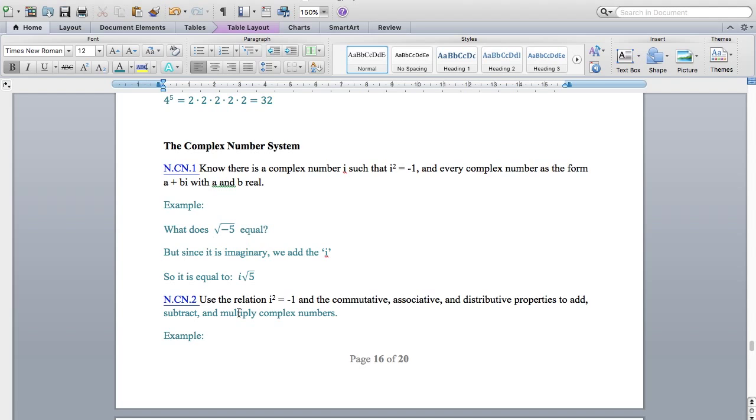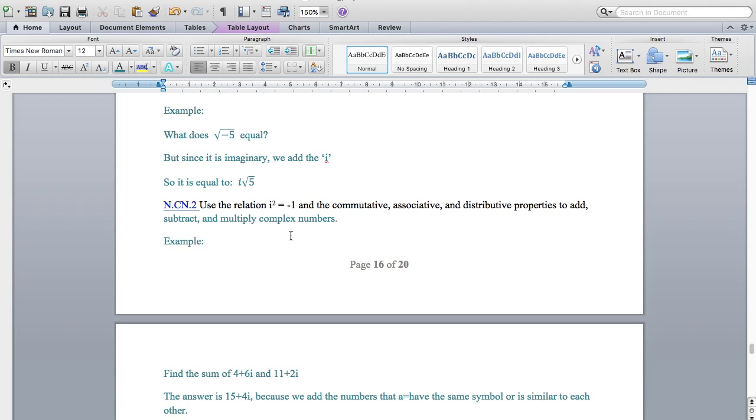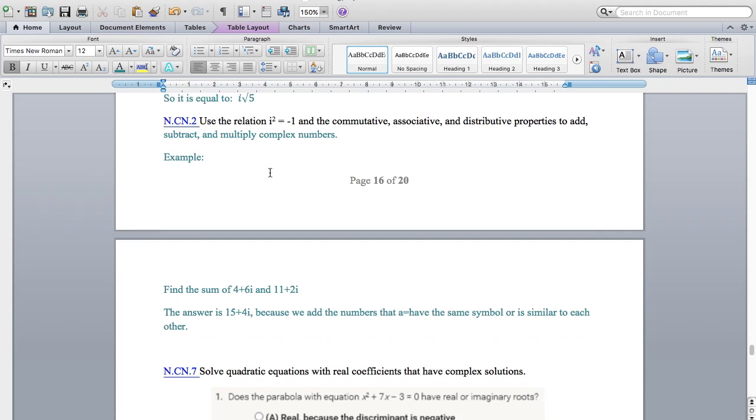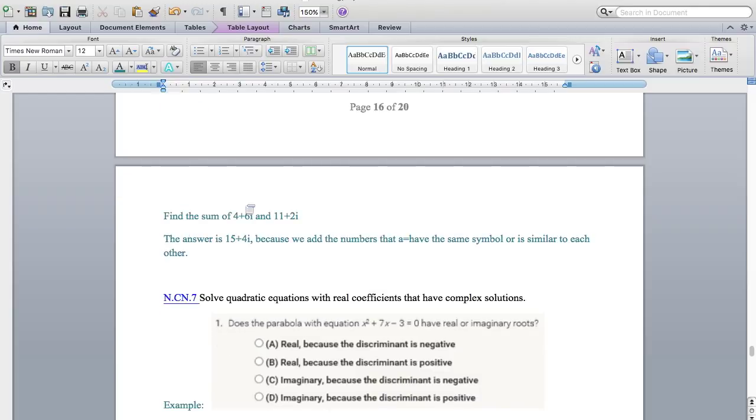So it will be turning into i for imaginary. Next is N-CN 2. Use adding, subtracting, multiplying methods inside.